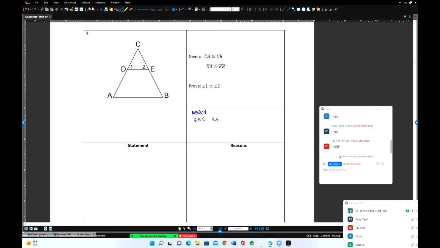Side, angle, side, or angle, side, angle. Which one? Everybody try this one. Just chat to me which one is the best one, while I'm going to write down what we're given.